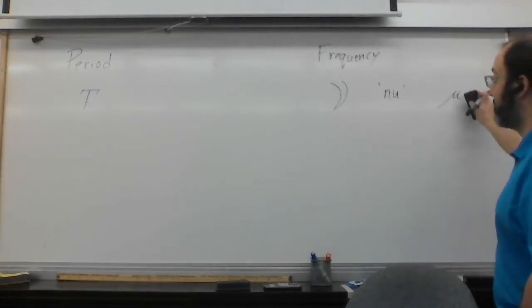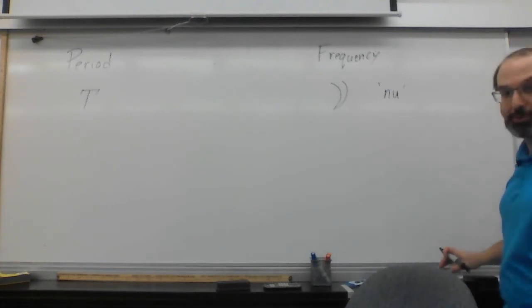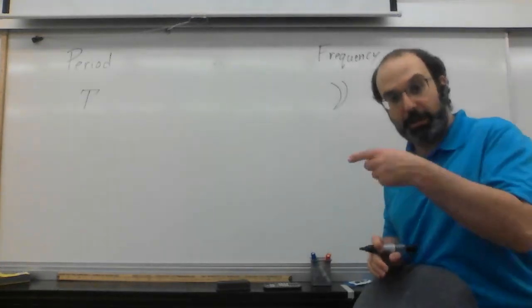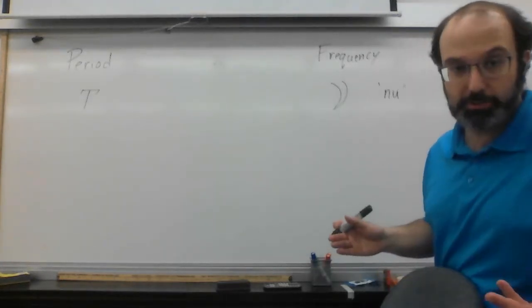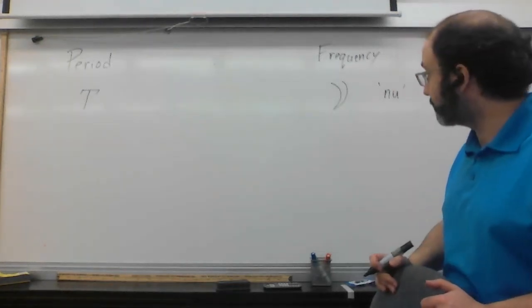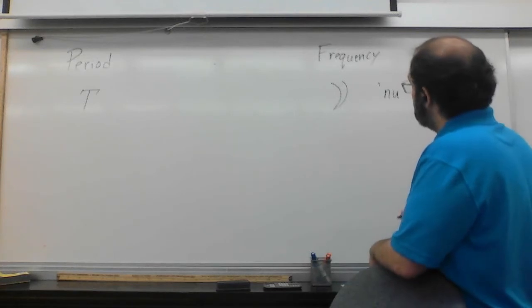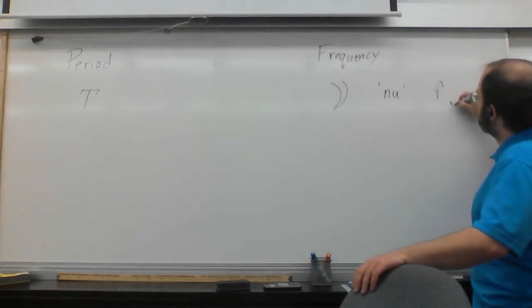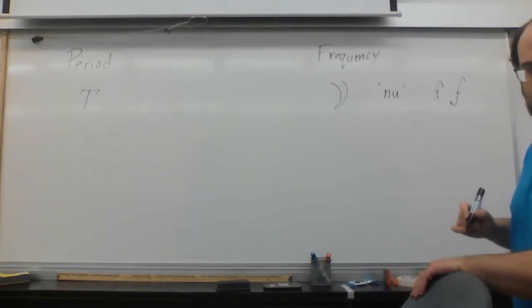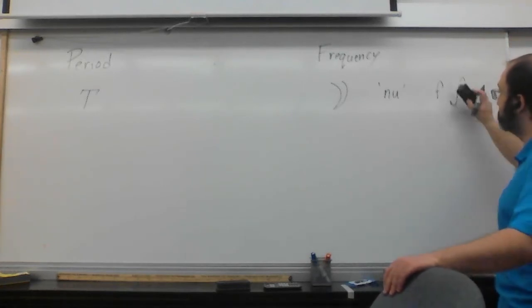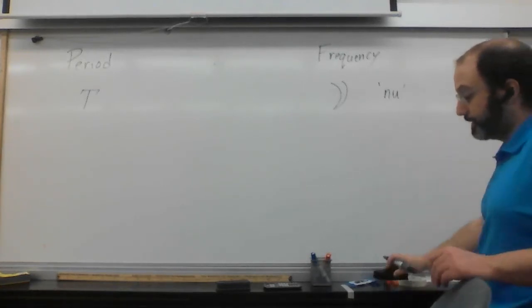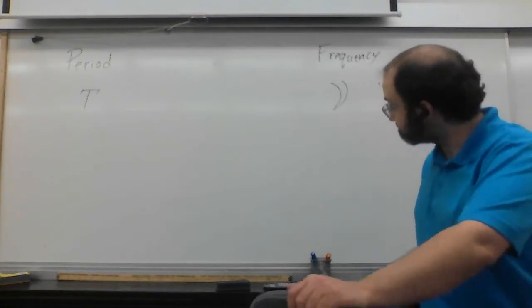Mu is the Greek letter for M. Nu is the Greek letter for N. Right? M-N-O-P. We're not getting into O's and P's yet, I'm afraid, but we're learning a little extra Greek as we go. Now, for frequency you can also use an F or a cursive F, and you'll remember that those are the same kind of symbols that we use for friction. So there's a little bit of overlap in that area.